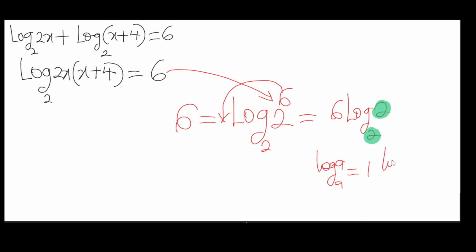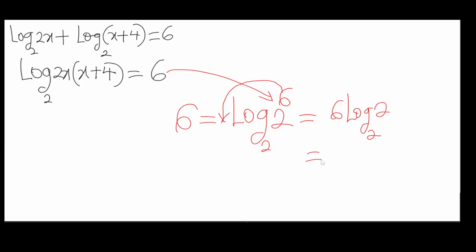It means when I have log 10 having a base of 10, it is also equal to 1. So anytime the argument and the base are equal, the answer is 1. In this case, the base is 2 and the argument is 2.